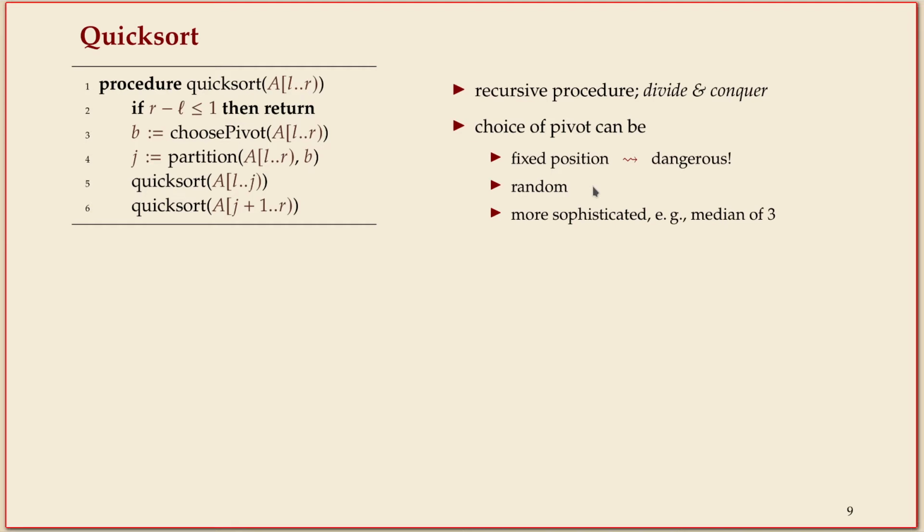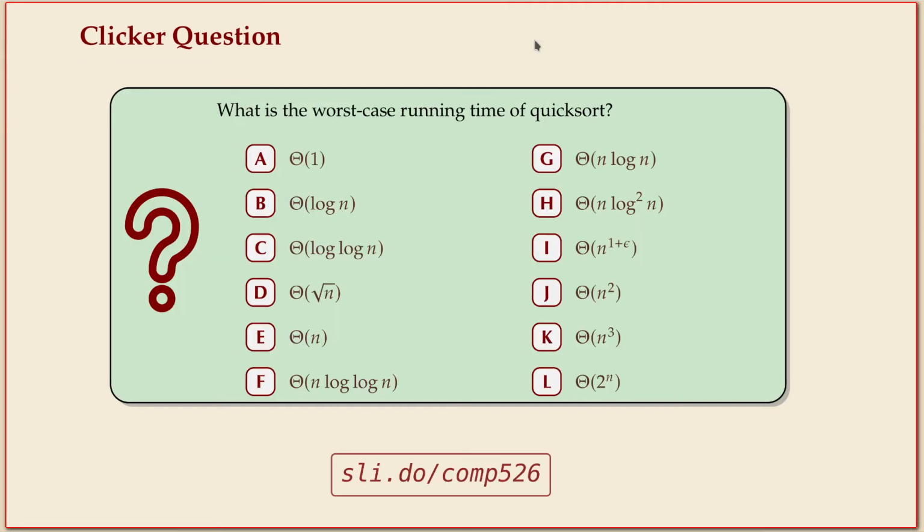And even if that is just a cheap, approximately random position, it's already good enough. Or you can do something slightly more advanced. So you can take 3 elements and take the middle of the 3. What you want for your pivot is not to be very small or very big. I think we'll come to that, why that's the case.